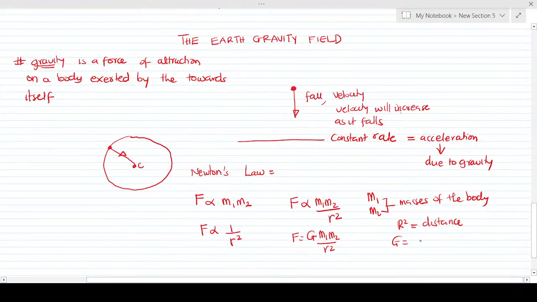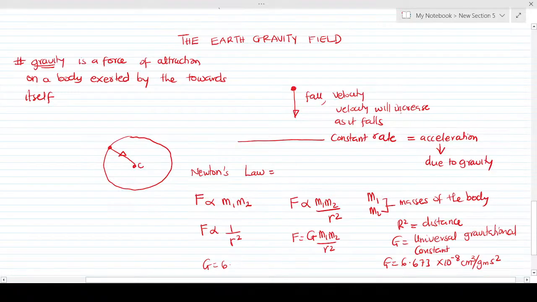Now G is the universal gravitational constant. In terms of magnitude, it is 6.673 by 10 to the power negative 8 centimeters cubed per gram second squared, or G is equal to 6.673 by 10 to the power negative 11 meters cubed per kilogram second squared.